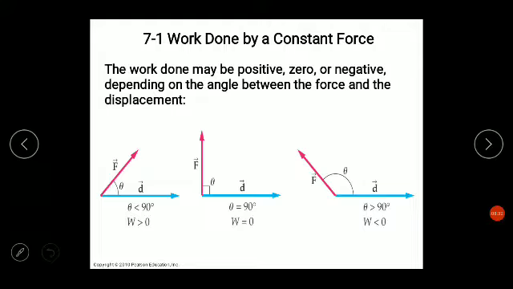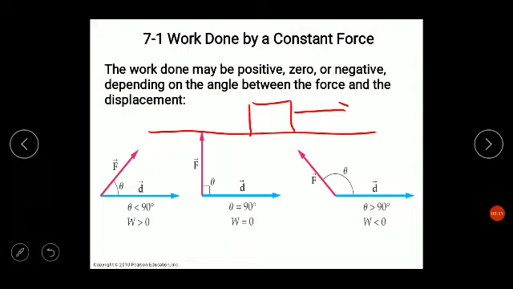Just try to imagine if you're going to push a box. Say you have here this surface, then you have here this box, and if you're going to pull this one, you're going to apply force on this box.